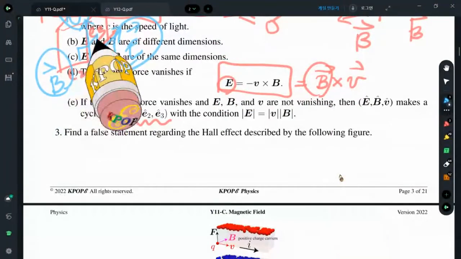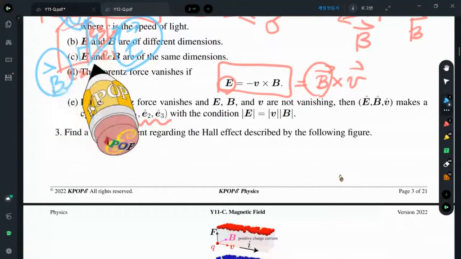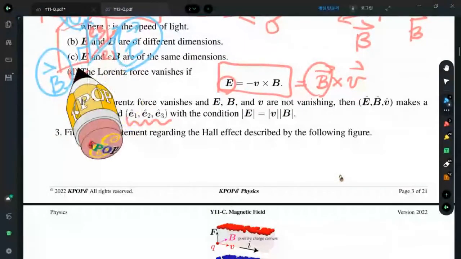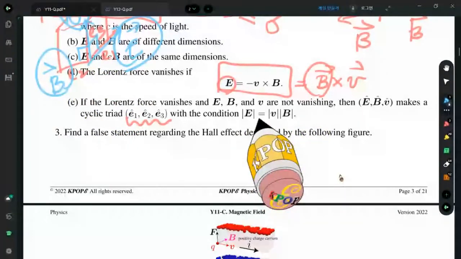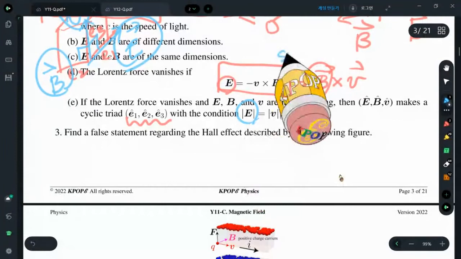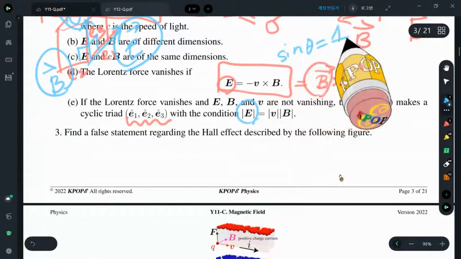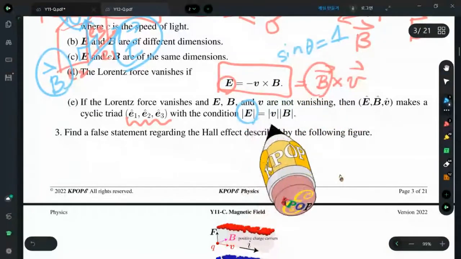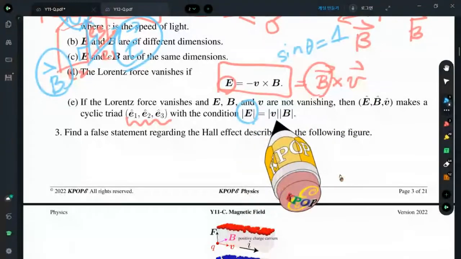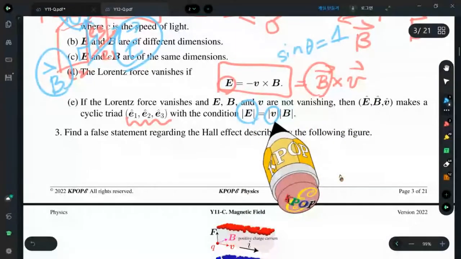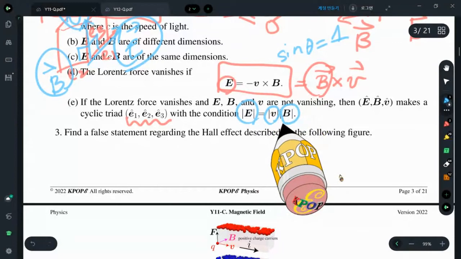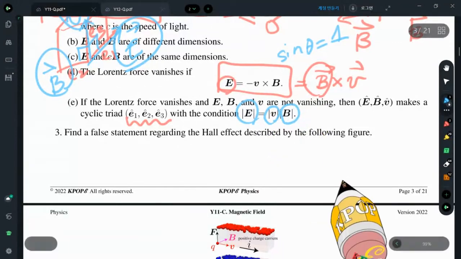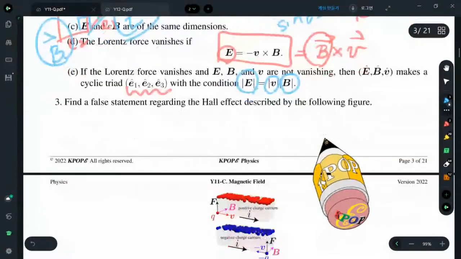Anyway, if these three are perpendicular to one another, then the magnitude of the electric field, because the sine theta becomes 1, is the same as the magnitude of the velocity multiplied by the magnitude of the magnetic field.